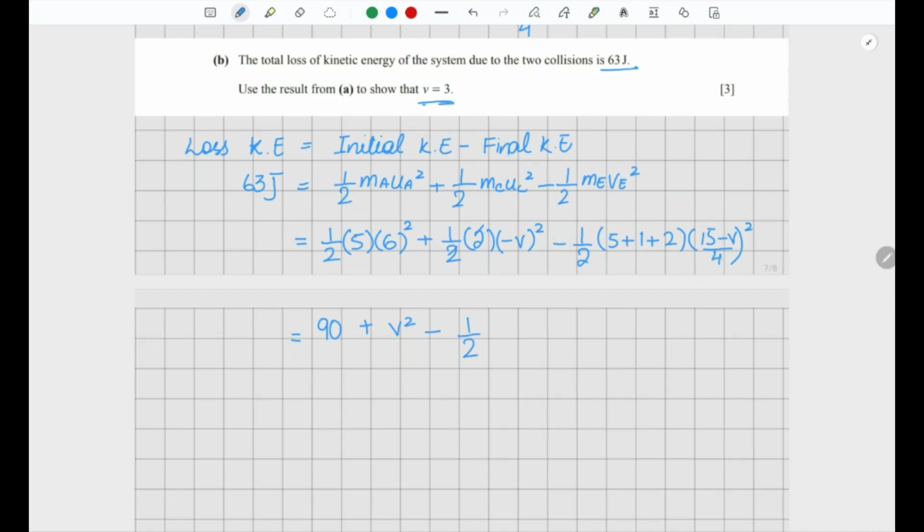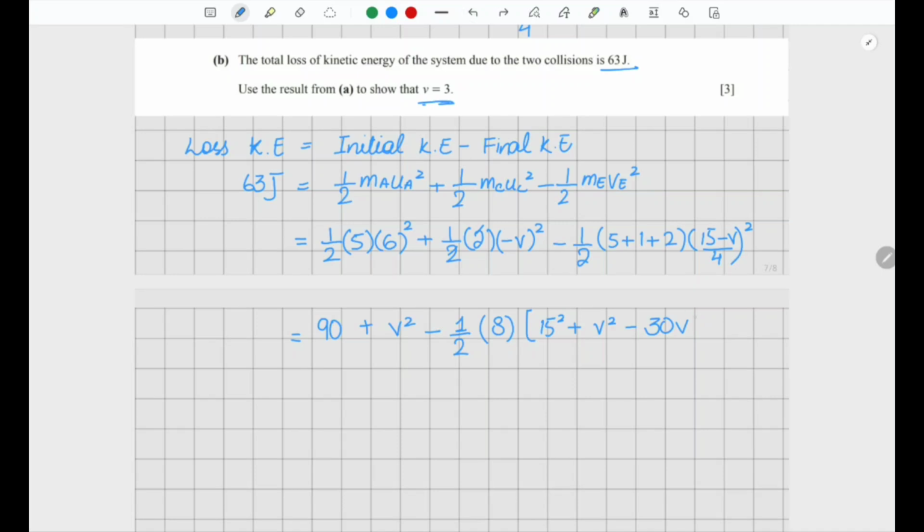Firstly the square will be applied in the denominator, 4 square 16, or just keep it this way and solve it further. So minus half, 5 plus 1 plus 2 is 8 and then open the square, 15 square plus v square minus 2 times 15 is 30 v.